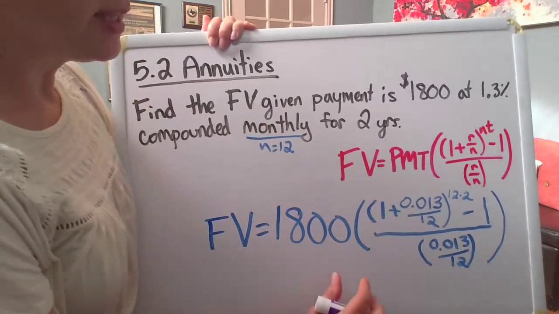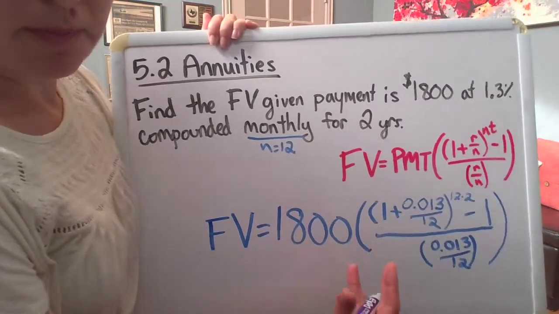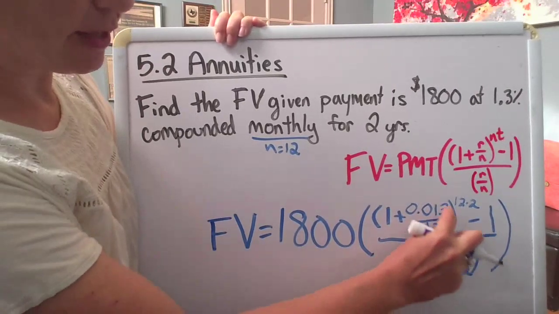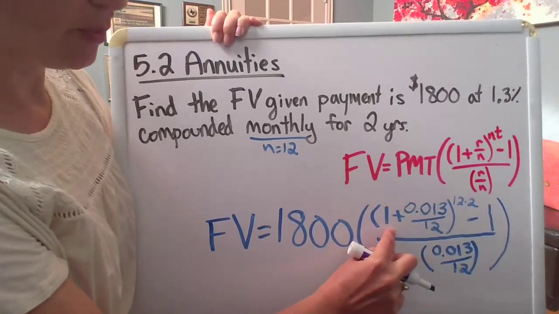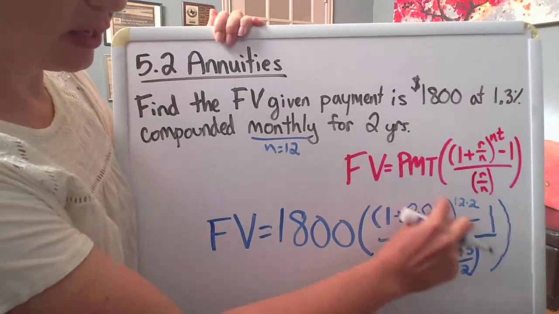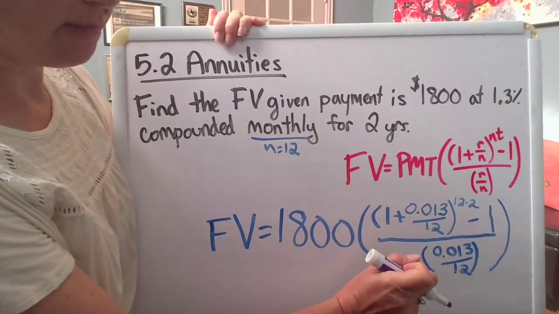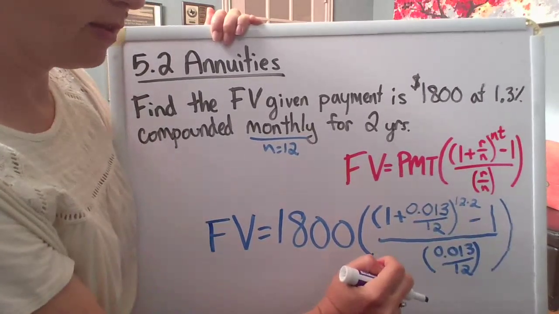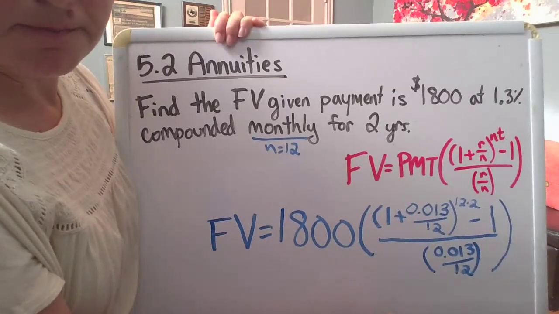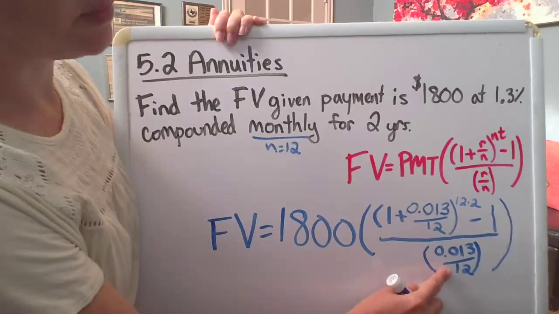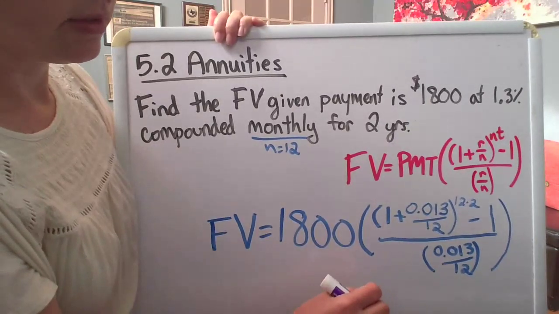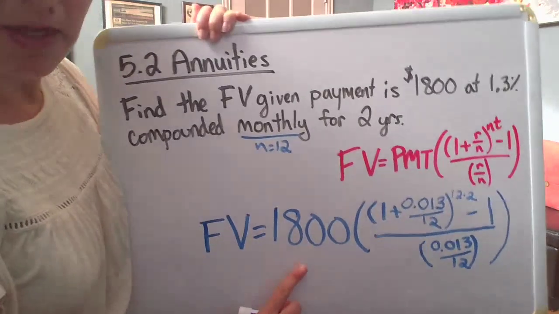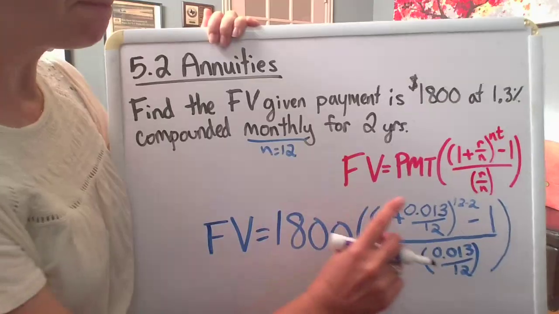So if you're doing this on your phone, that's the worst type of calculator you can use, you would start here, get a number, then plus 1. Then you would take that quantity, raise it to the 24th power. Then as a separate calculation, you have to go minus 1. And then I would write that number down. Separately, I would then type this in, get a number. Then you have to do top divided by bottom, then times 1,800. So lots and lots of steps.